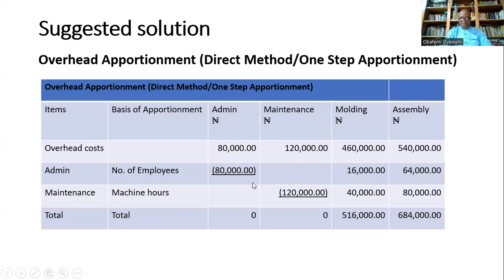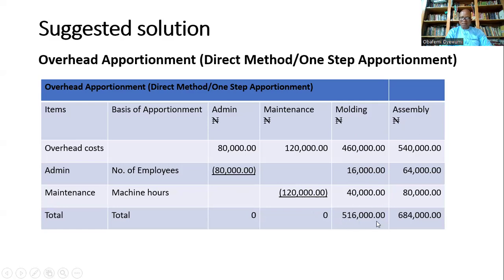Let's go to the next one, maintenance. Maintenance uses machine hours. Look at the basis, machine hours. So you share the 120 to these two production departments. You have 40 and then 80 that has been shared accordingly to the two of them.